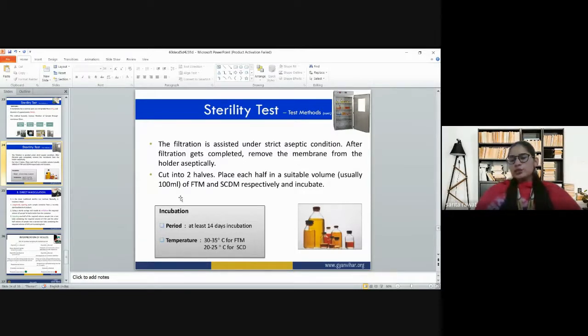Then cut it into two halves and place each half in a suitable volume, usually 100 ml, of FTM and SCDM respectively, and incubate. The incubation period is at least 14 days, and the temperature is 30 to 35 degrees Celsius for FTM and 20 to 25 degrees Celsius for SCD.